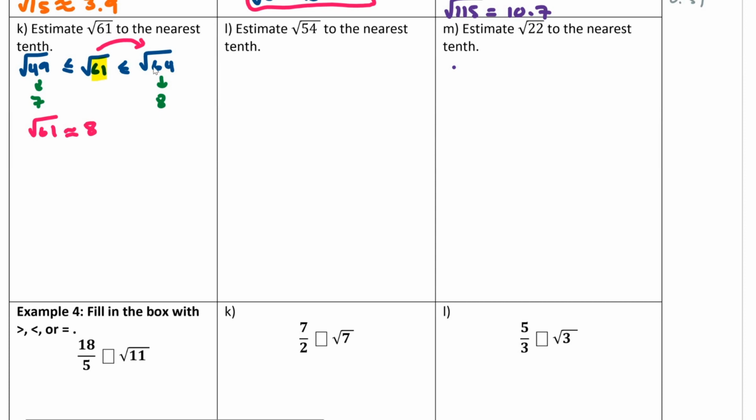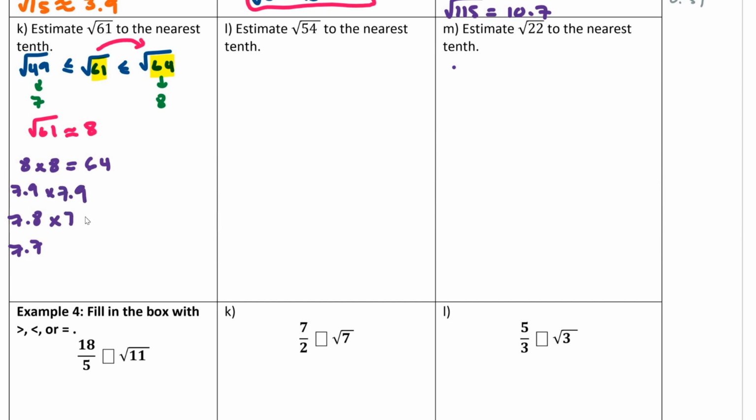Since 61 is less than 64, the actual number is less than 8. So we're going to check. 8 times 8 is 64. So less than, so we're going down: 7.9, 7.8, 7.7.